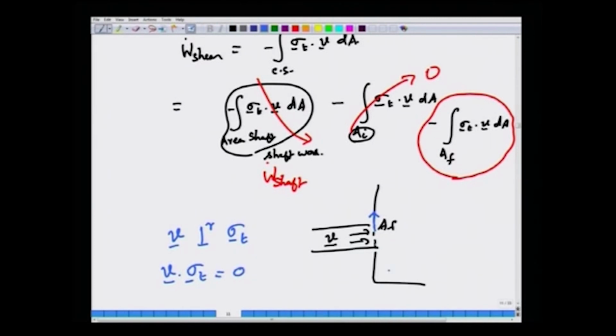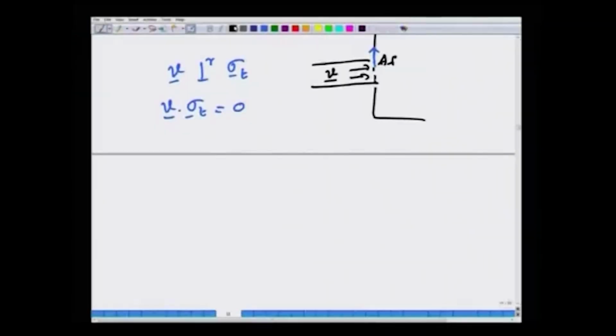By carefully choosing the control surface, you can have the tangential stress on the inlets and exits be 0. The stress is acting like this, velocity is perpendicular, so the dot product of these two vectors is 0.